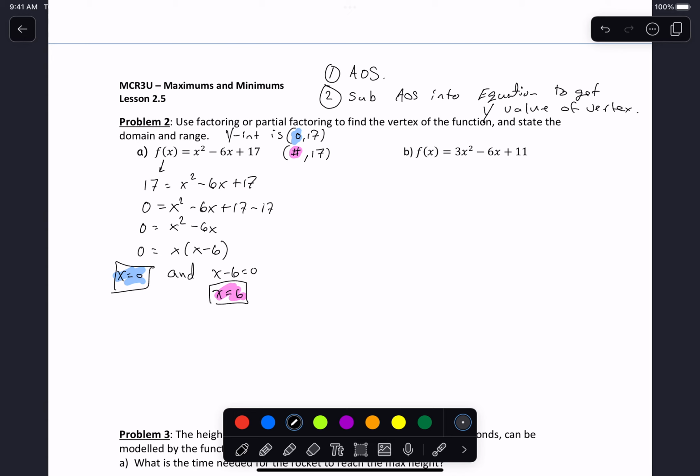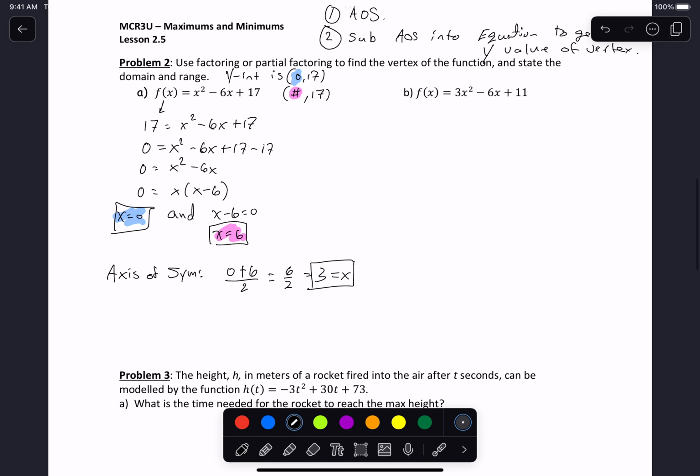So, I'm going to find the axis of symmetry now. It's found by going 0 plus 6 divided by 2, which is 3. Sorry, 6 over 2. So there's the equation of your axis of symmetry.